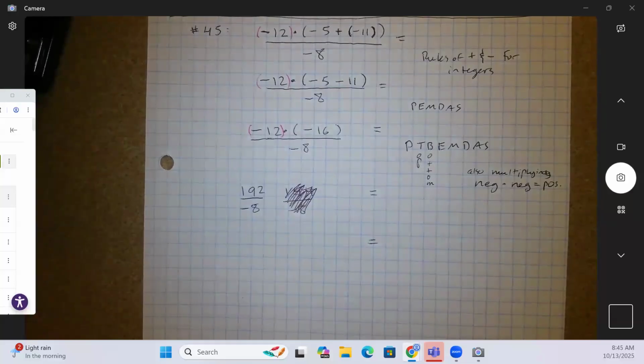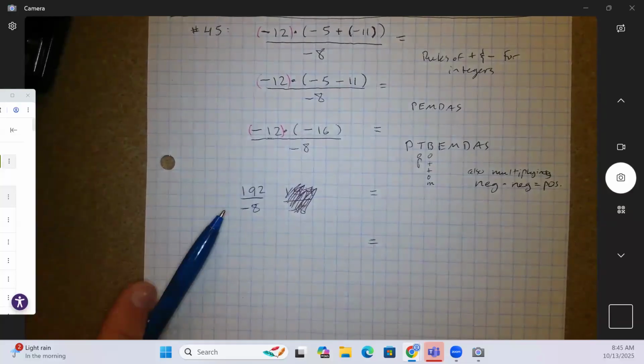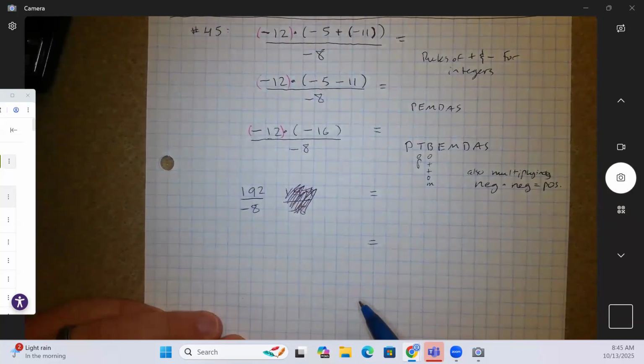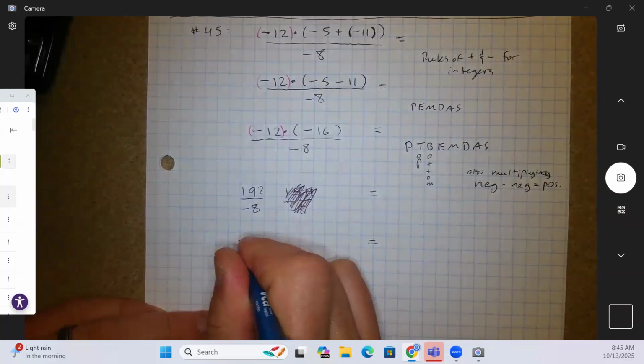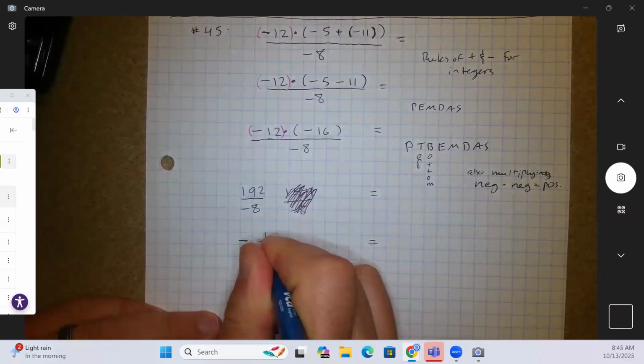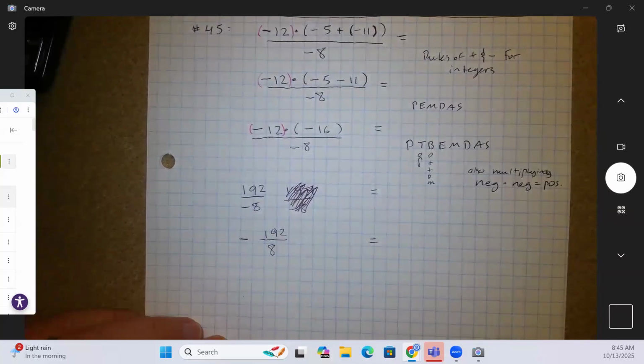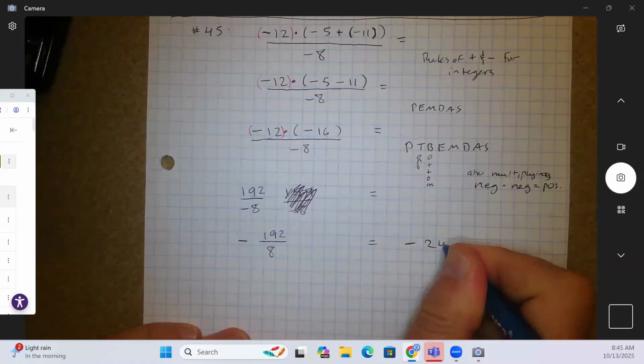And I'm not going to take any risks. 192 divided by negative 8, is that going to be a positive or a negative? Negative. And remember, we often just write it as the negative of the fraction. Negative 24.